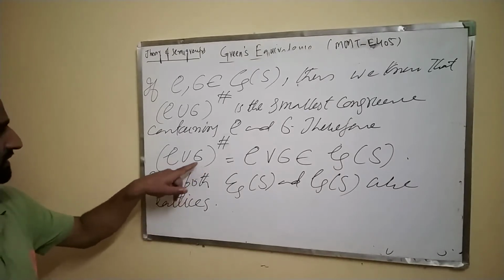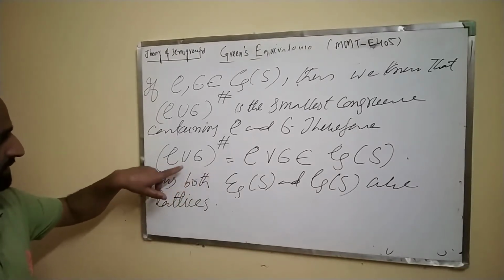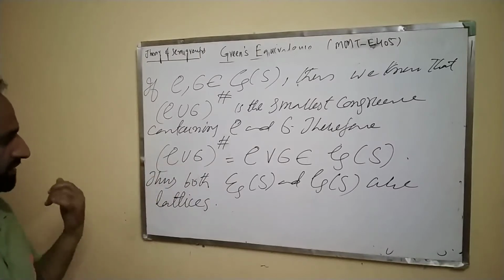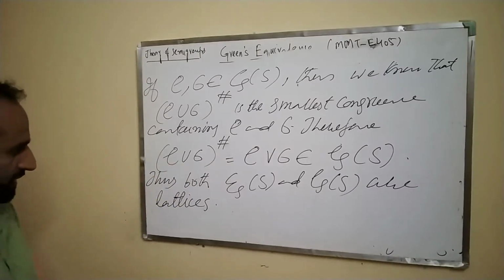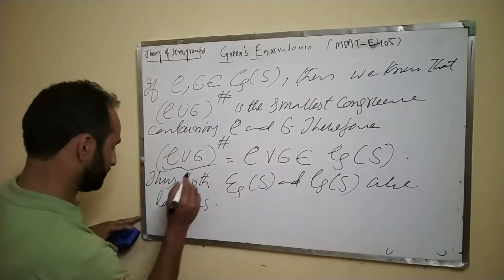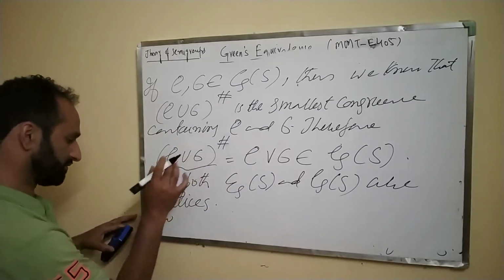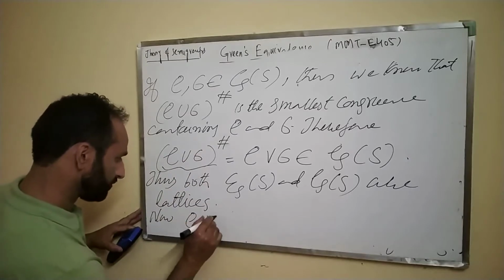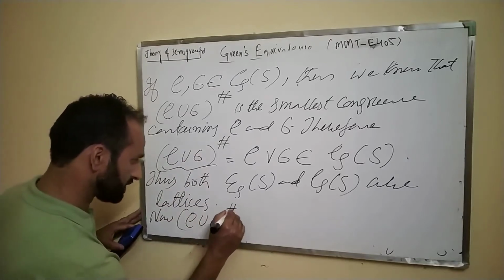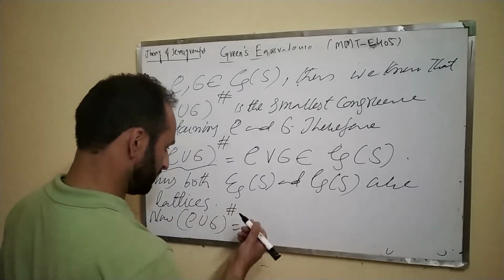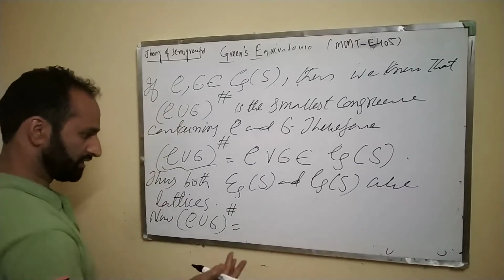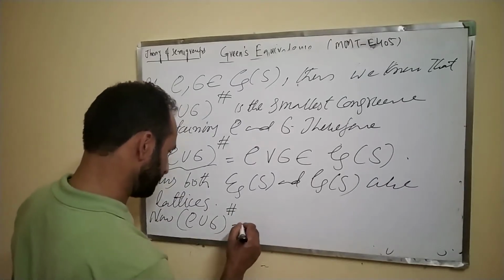Now we'll see that since rho and sigma are congruences, let's check this one. This is equal to rho union sigma sharp, by definition or by the theorem that you have already done in previous lectures.